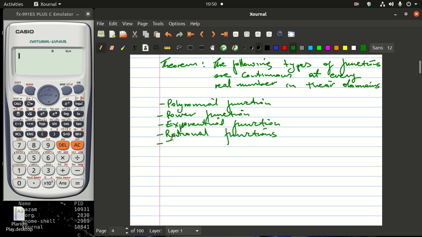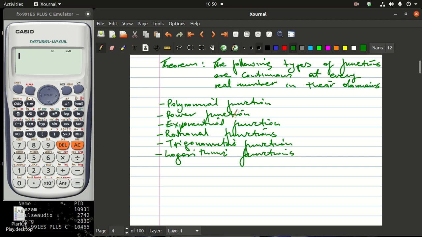And trigonometric functions are also continuous in their domain. And logarithmic functions are also continuous in their domain. So we know these functions. The main idea here is that it is always nice to work with continuous functions.